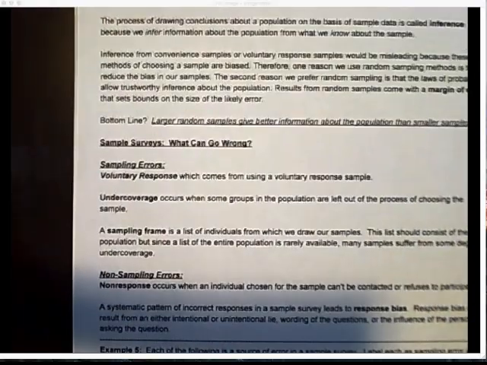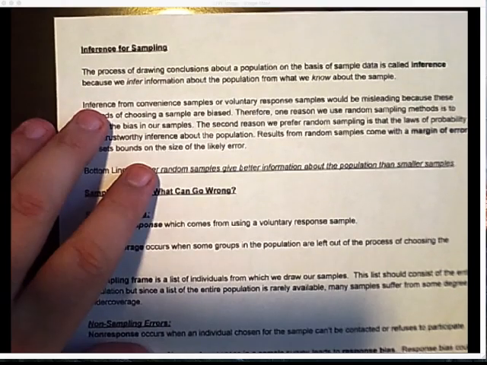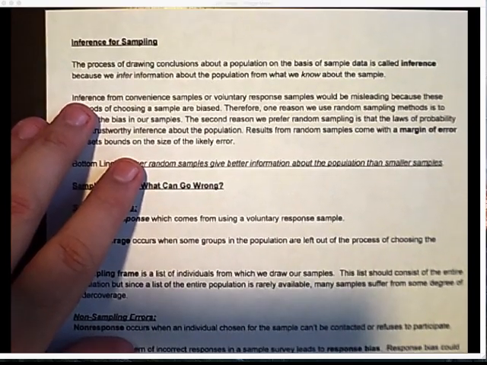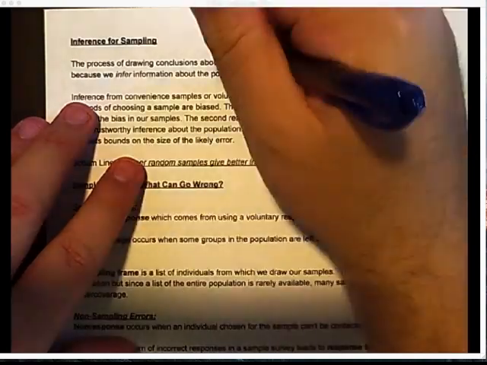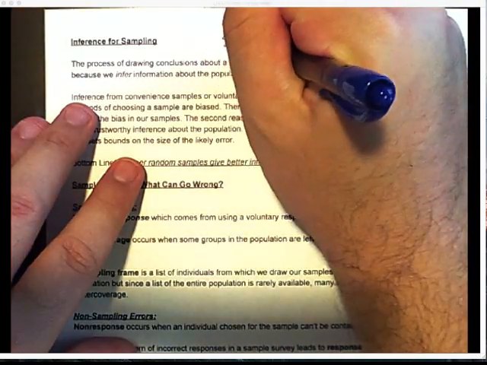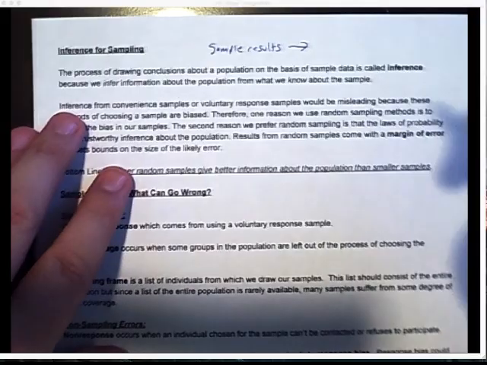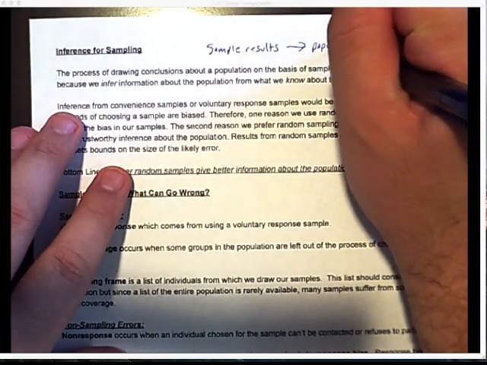All right, let's go to the last page of this section. Now, why do we do sampling? Why don't we just ask everybody? Well, like I said, it's too costly and it takes too long. So we're going to take a sample and get some results from it, and that's going to let us draw inferences about the population.